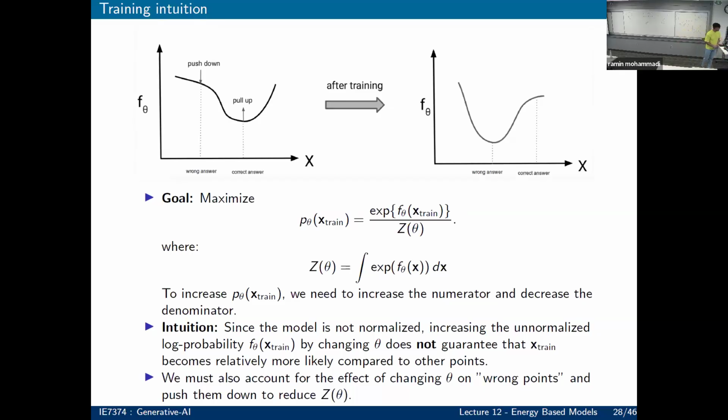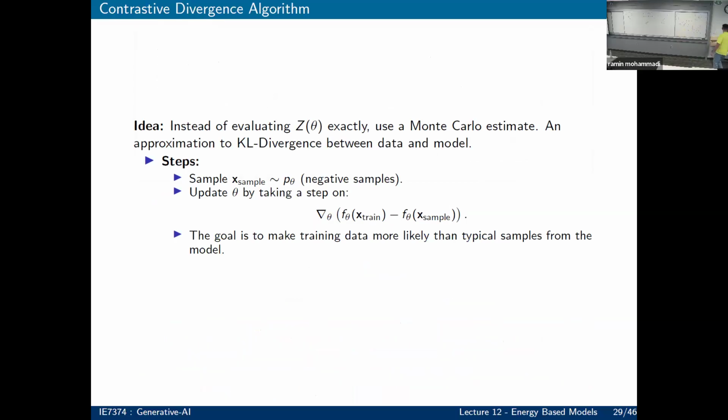Let's focus on this one. When you try to find Z of theta, instead of finding it totally, we use Monte Carlo to estimate Z of theta. The idea of Monte Carlo is that we sample some points and use those samples to find the value of Z of theta.